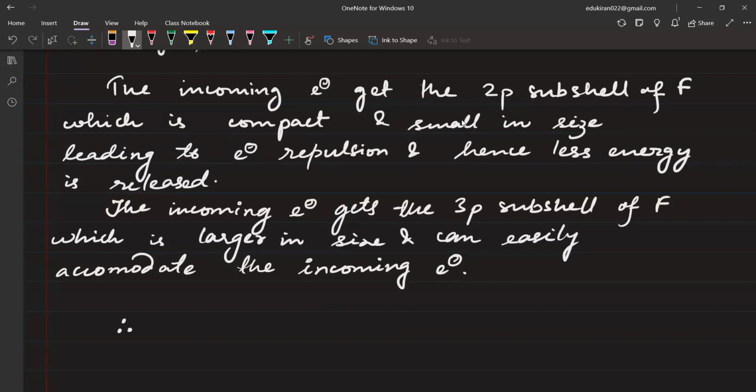Therefore, delta Heg of fluorine is less than delta Heg of chlorine.